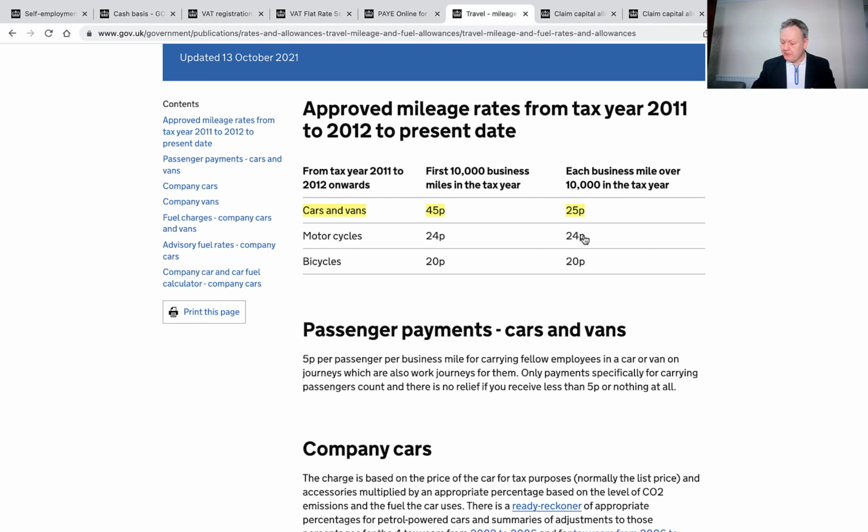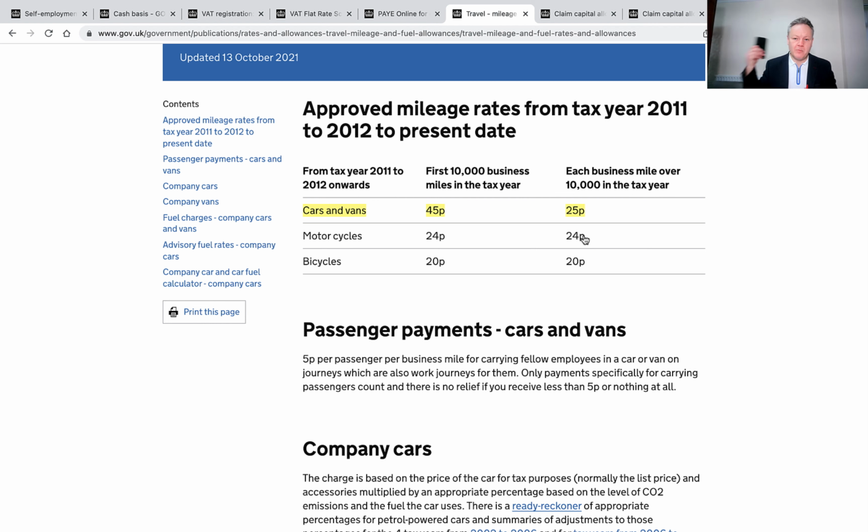The mistake that I see people make, which is mistake number 7, is that they don't keep a logbook accurate enough, and they just use a number out there, let's say 10,000 miles. Well, HMRC are going to pick that up at some point and ask you for a logbook, and you won't be able to justify that. They'll just take the number out and charge you tax, penalties, interest. Not a good sign. What you really should be using is an app.